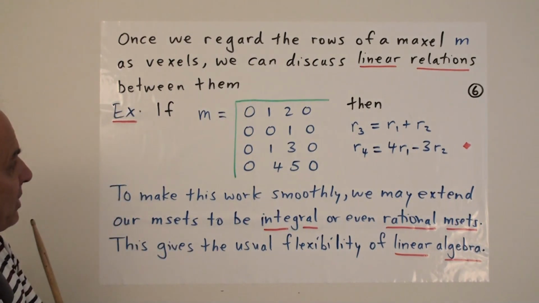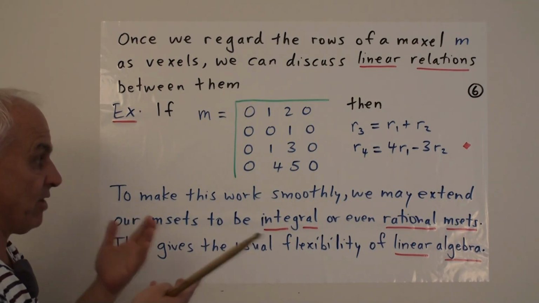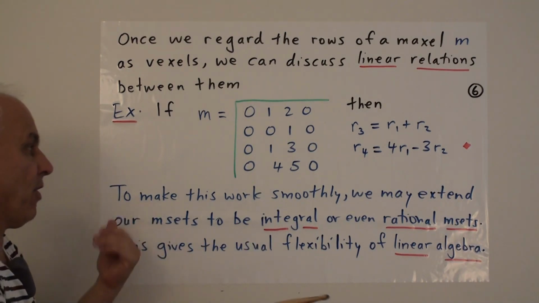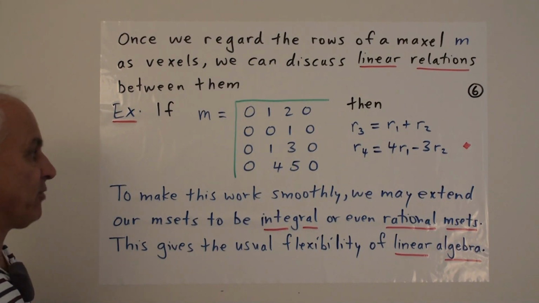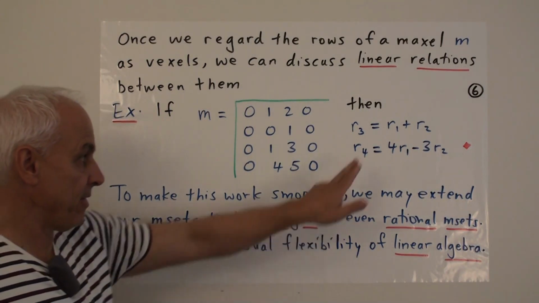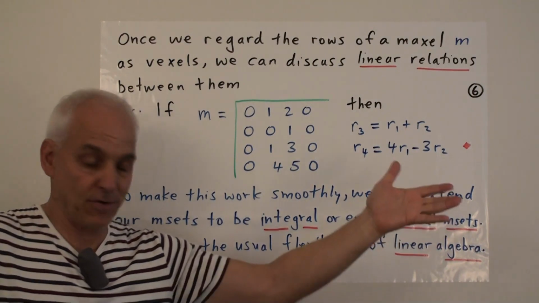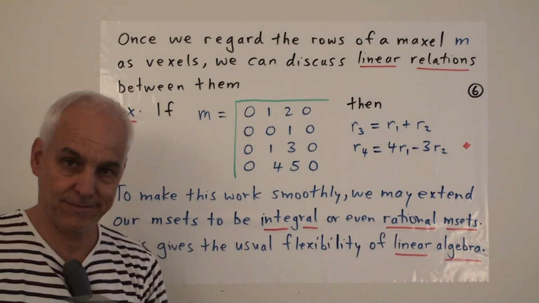Okay, so in this case here we see that we can now talk meaningfully about relations between rows, or we could also talk about relationships between columns, same thing, where we regard the rows now as actual vexels, where the linear combinations of vexels really is allowed because those are just M sets of singletons.